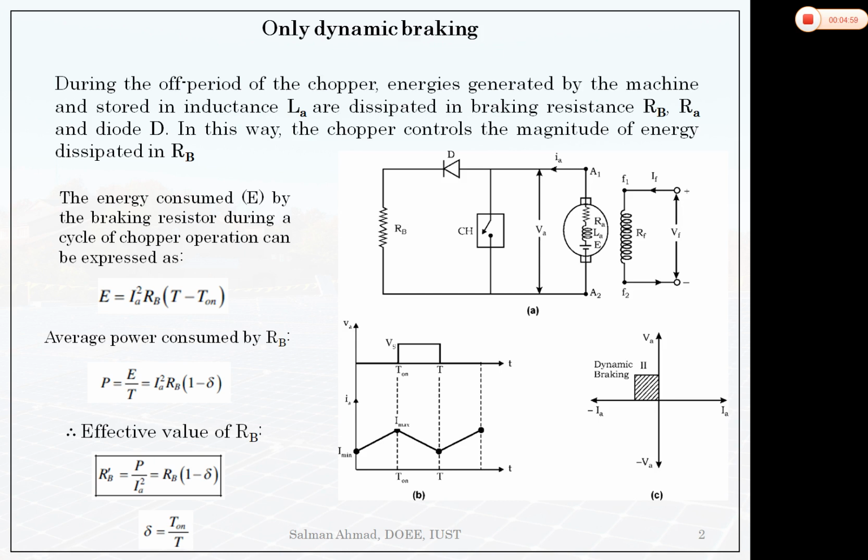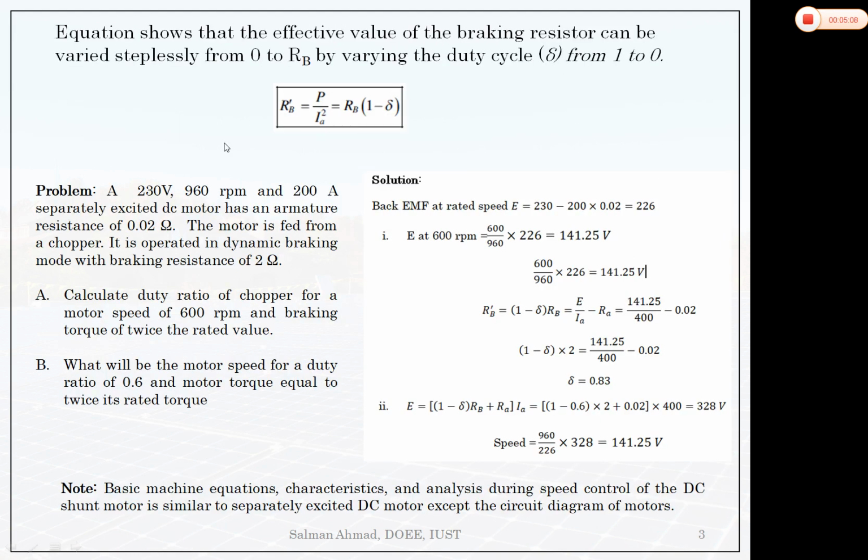So the effective value of the resistance is Rb times 1 minus delta. So we can vary the effective value of resistance from 0 to Rb. If delta is 0, duty cycle is 0, we are having Rb prime equal to Rb. If delta is equal to 1, we are getting the effective value to be 0.